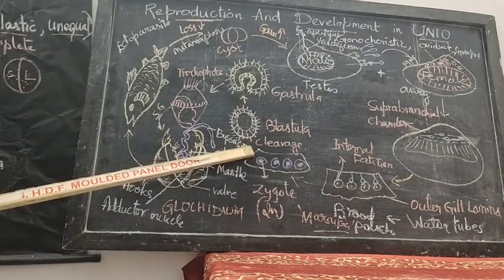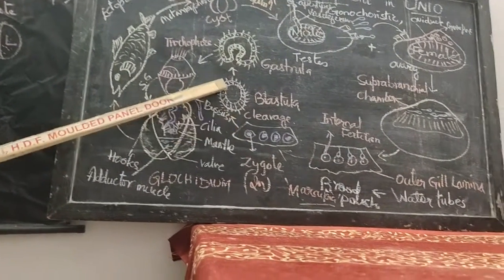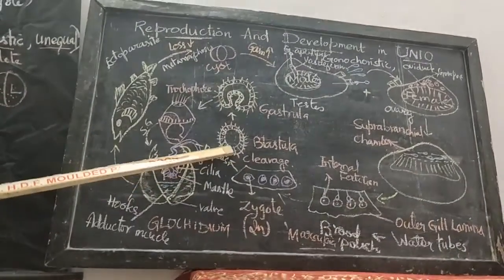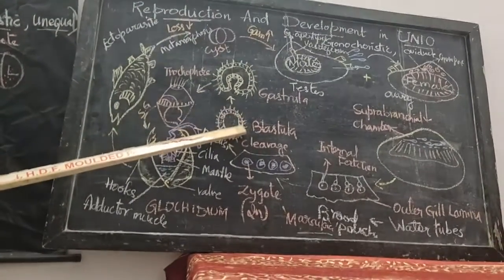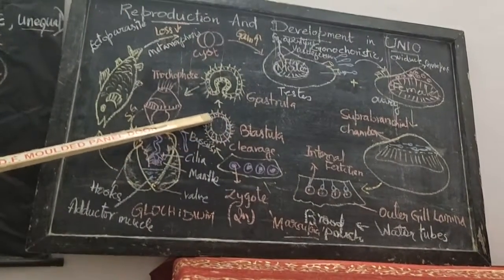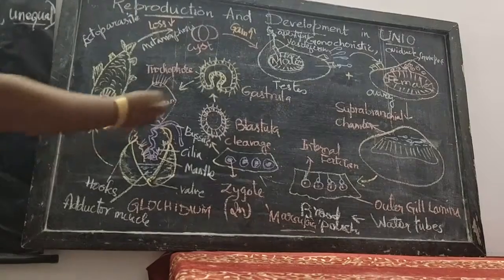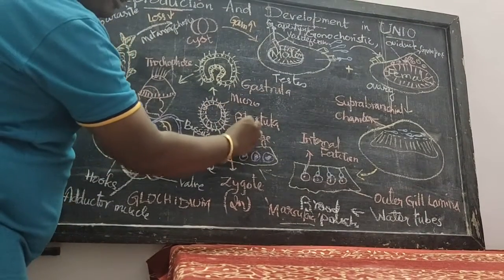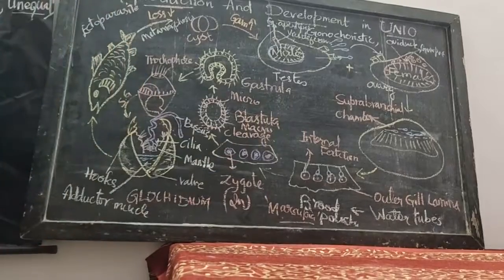So after the cleavage process, a ball of cells is formed which is single layered with small cells towards the anterior, larger cells towards the posterior. We call the upper cells micromeres and the lower cells macromeres.